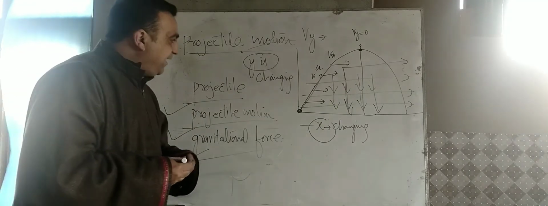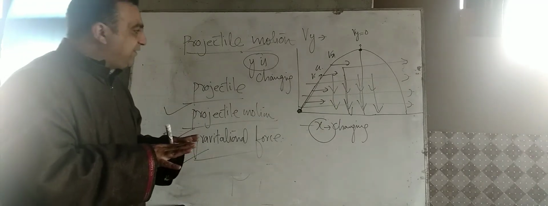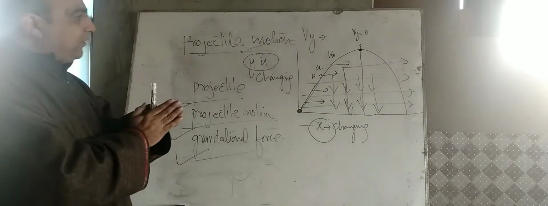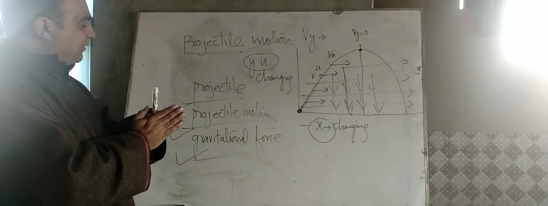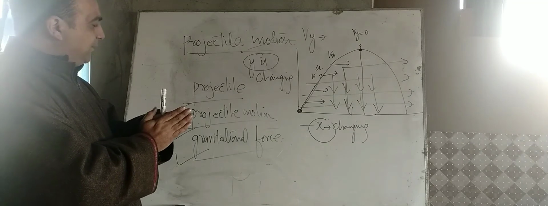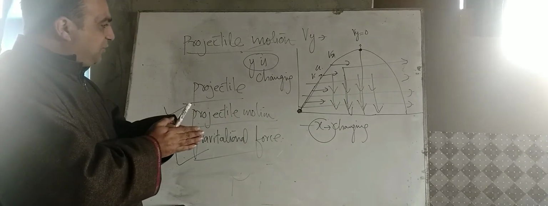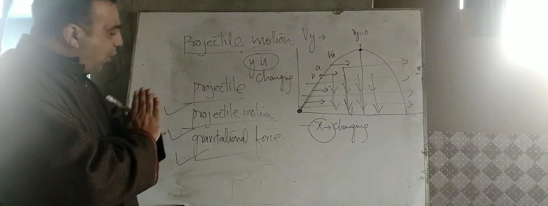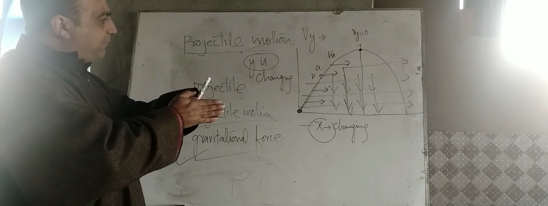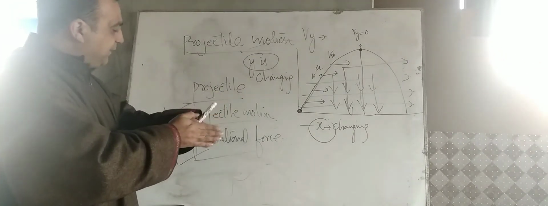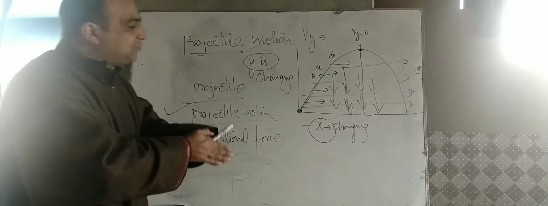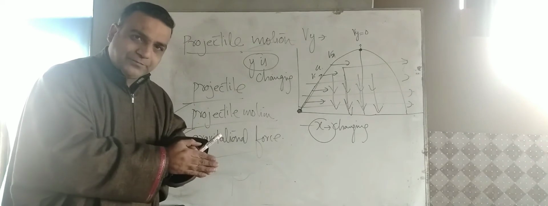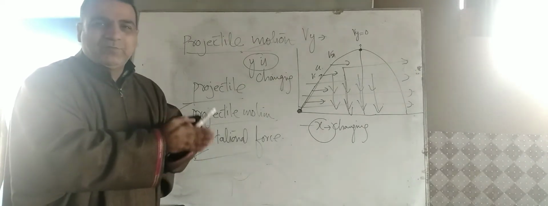So, if I summarize the things in a very simple manner, I will say anything that is thrown in air with respect to ground is called a projectile. And if this object moves only under the influence of gravity of the Earth, then the motion that this body has executed is called projectile motion.